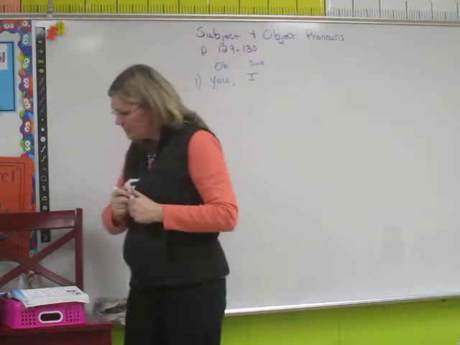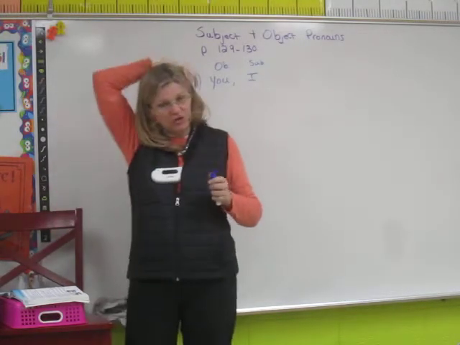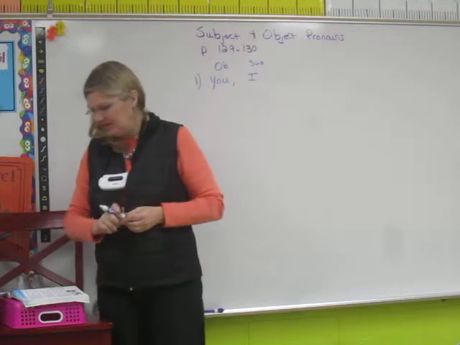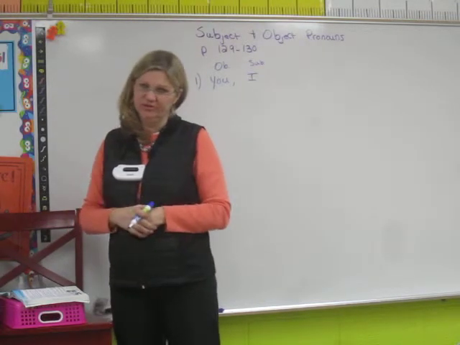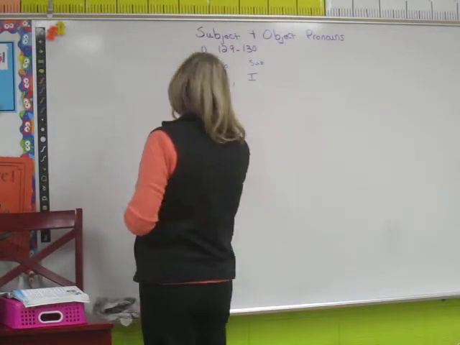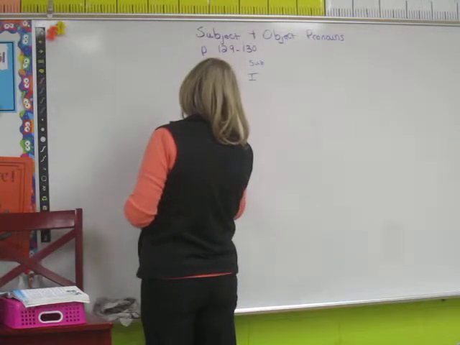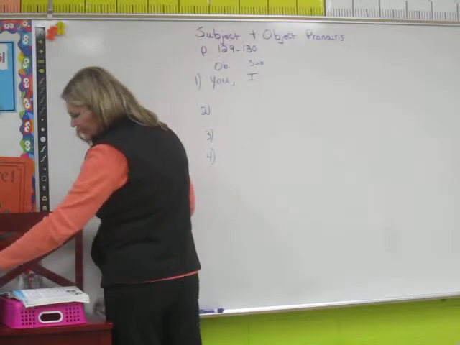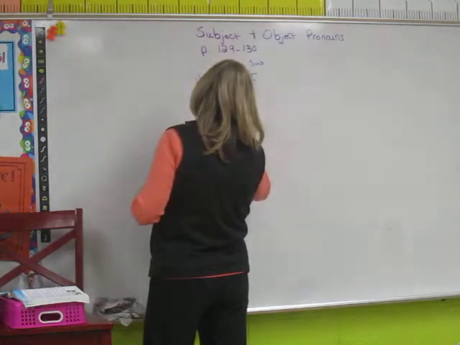You go ahead and do numbers 2, 3, and 4. Pause the video. I will put the answers on the board. Here we go. Number 2, 3, and 4. So for number 2, you should have they and they.